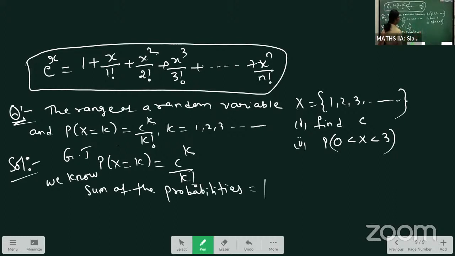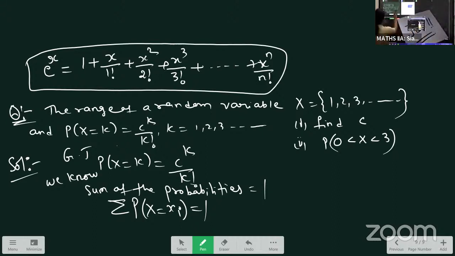If you put it in expansion form, sigma P of x is equal to xi is equal to 1. This is our standard formula. With the help of this, you have to write this. P of x is equal to xi can be replaced by P of x is equal to k, which is equal to 1, is given.